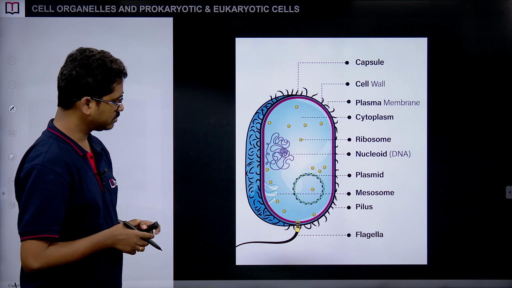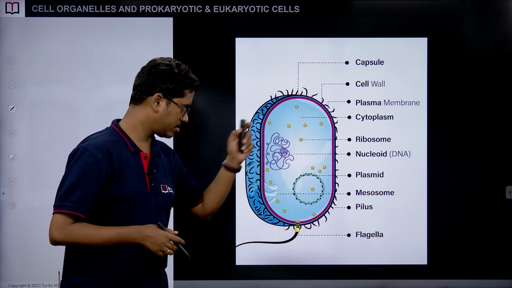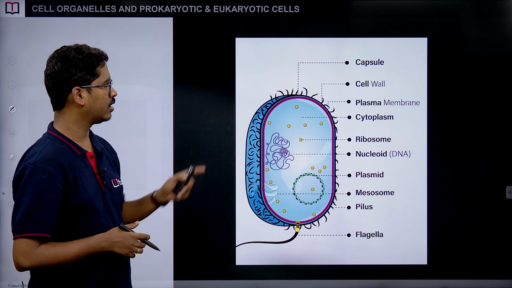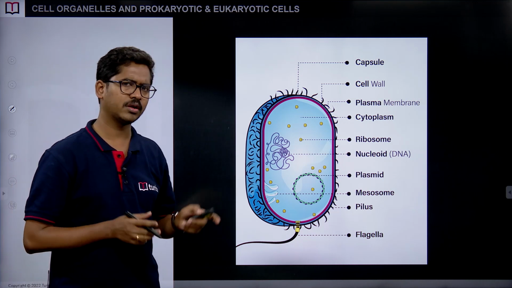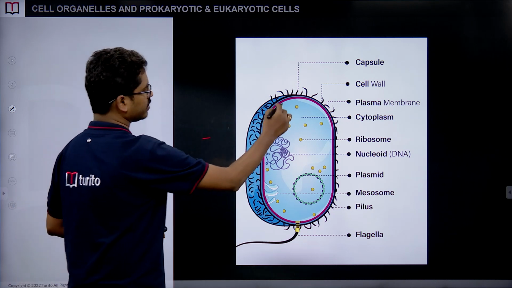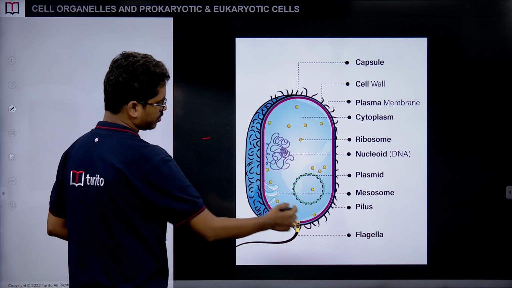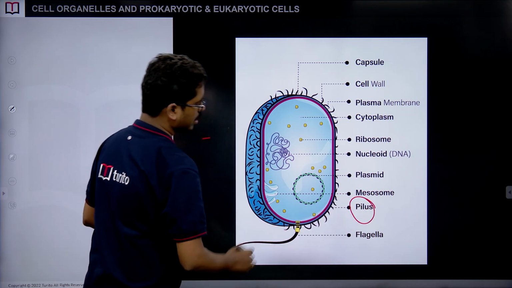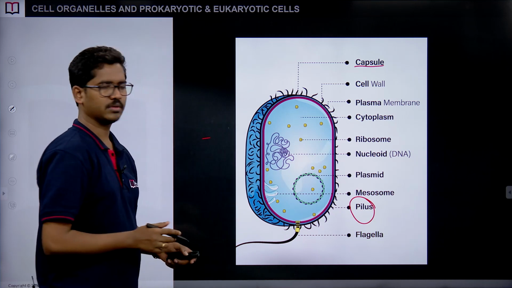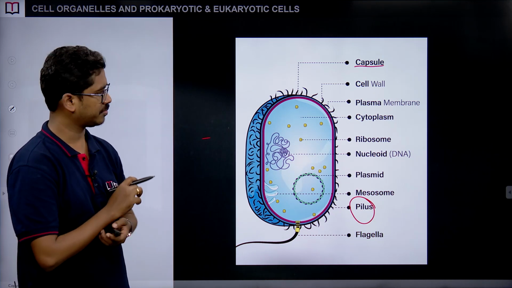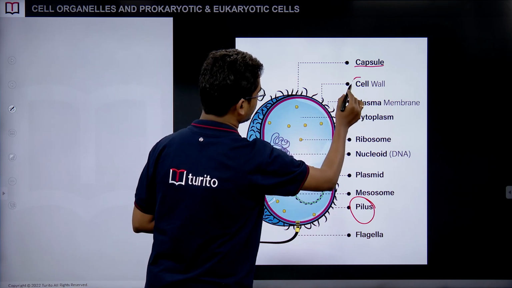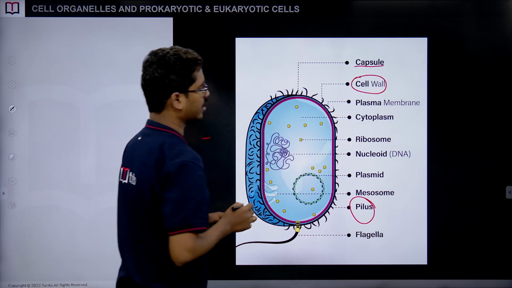Now, this is a typical bacterial cell, showing us all the organelles and different parts of it. Let us have a look at them. Starting with the outer covering having hair like projections known as pilus, and that covering is known as capsule. And then you see that it is having another layer called cell wall.